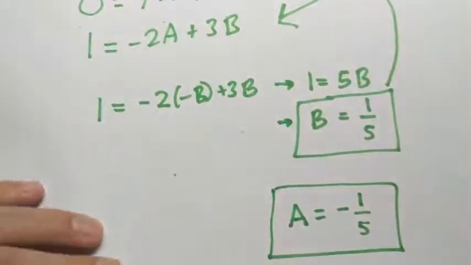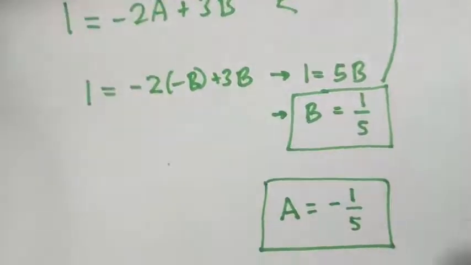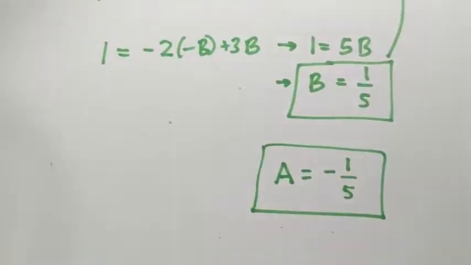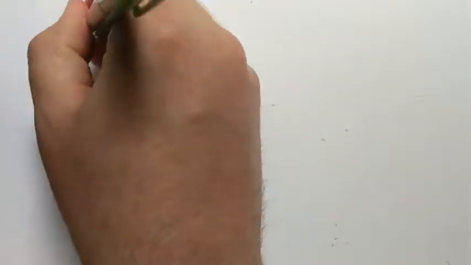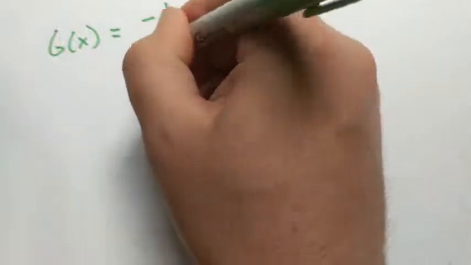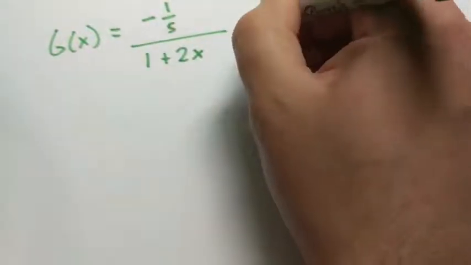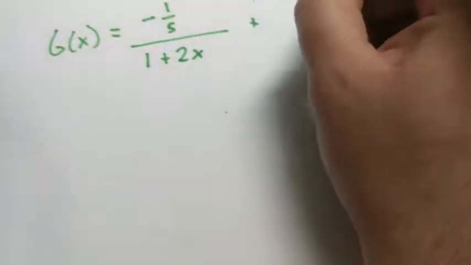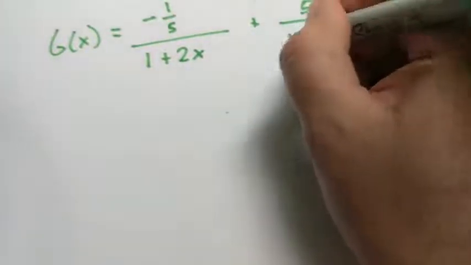So I have my two coefficients. So going back to my partial fractions, that means that g of x is equal to negative 1/5 over 1 plus 2x plus 1/5 over 1 minus 3x.